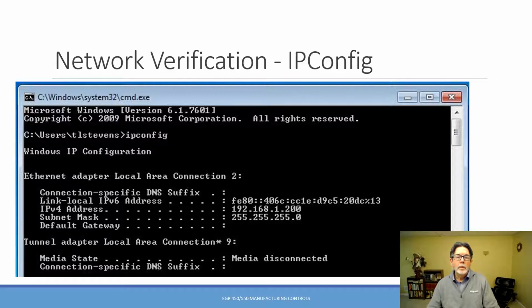Okay, so if we get to the command prompt, it will be a very nondescript window, as you see here, black background, white text.